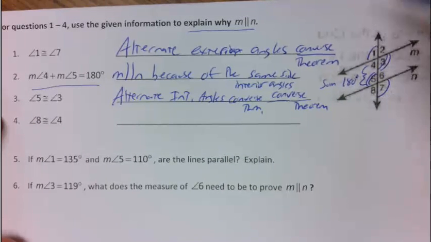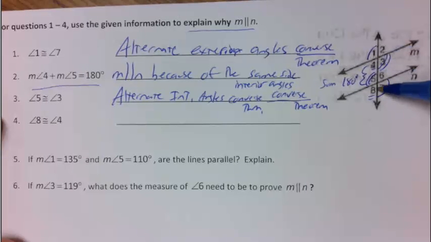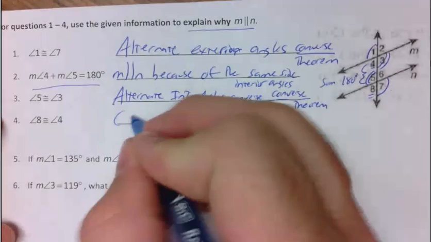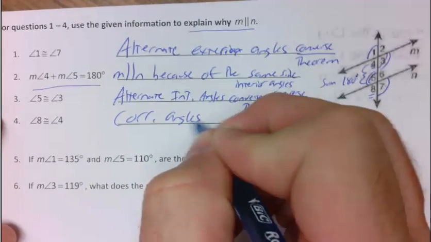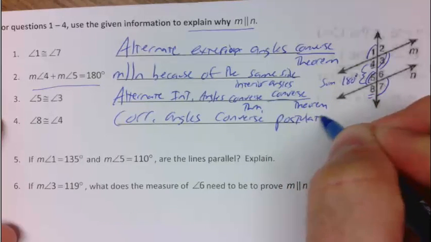It's hard to mark on here. Hopefully you can see that 4 and 8 are actually corresponding. Right? 4 is in the bottom left corner of the group, while 8 is in the bottom left corner of the group. They're in the same position within their respective groups. So this would be the corresponding angles converse, and this is the one that's actually the postulate.